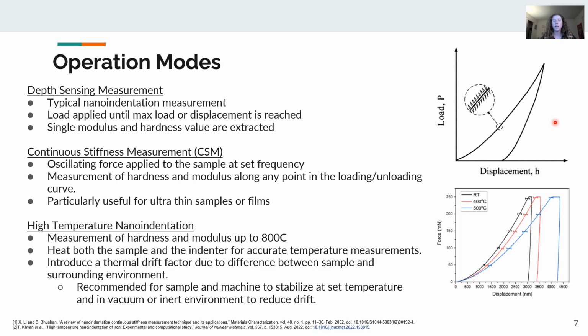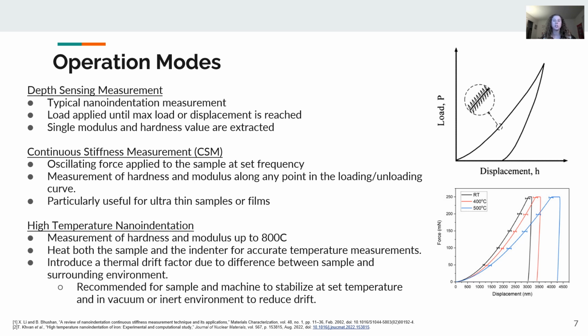And then lastly, high temperature nanoindentation, which can be completed in either of these two previous modes, but you can measure the hardness and modulus of your sample up to about 800 degrees Celsius, and you heat both your indenter and your sample at the same time to ensure uniformity in the temperature of the test.